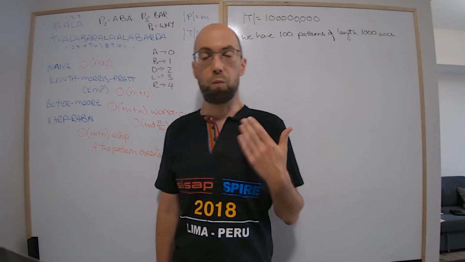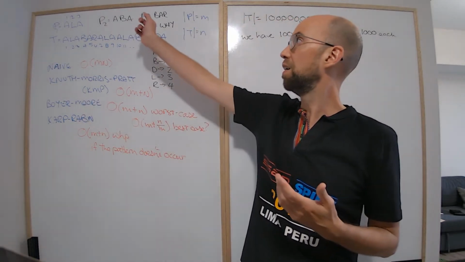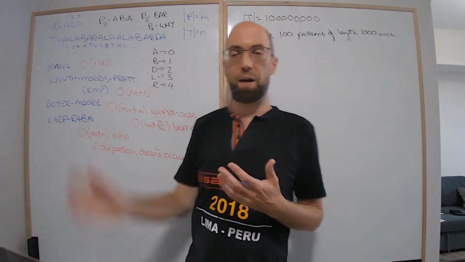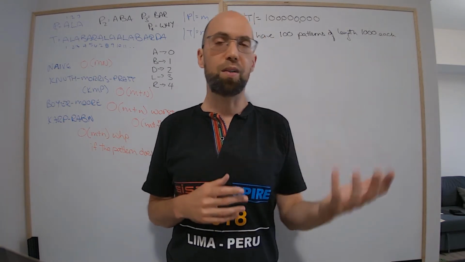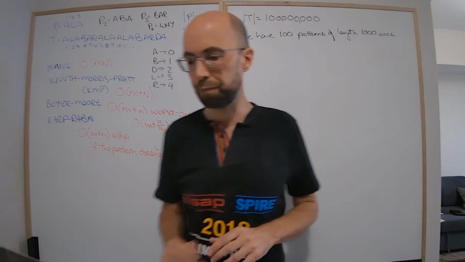And the answer is yeah. With Karp-Rabin, if we just want to say where there are occurrences of some of these patterns, and we don't want to check, we just want to trust that if the chances are billions to 1 that we make a mistake, then we're willing to put up with that.